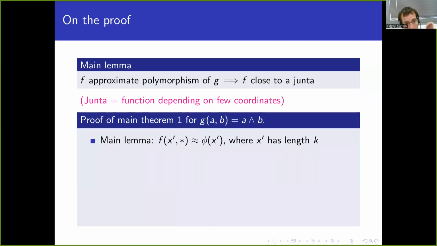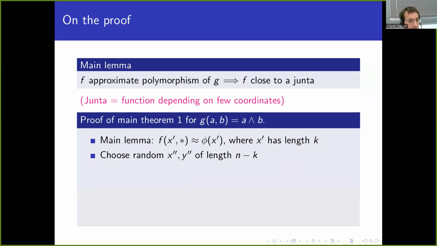So according to the main lemma, we can approximate f with some junta phi, which depends on k coordinates. Okay, and let's assume that these junta coordinates are the first k coordinates. And now we're going to sample x double prime and y double prime at random. And these are going to fit into the second part of the input. Okay.